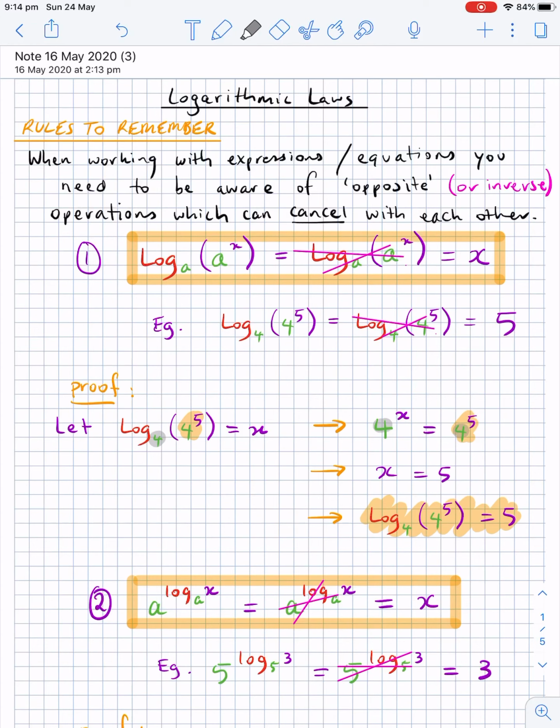Because they've both got a base of 4, x has to be equal to 5. x was the original thing we were trying to find, so because x is 5, this expression is equal to 5 as well. So those things can cancel, leaving you with that power of 5.